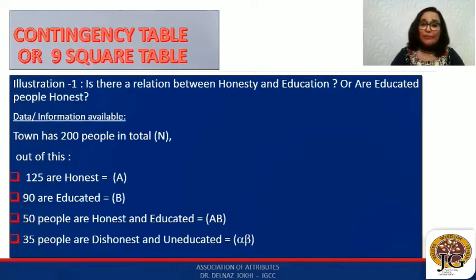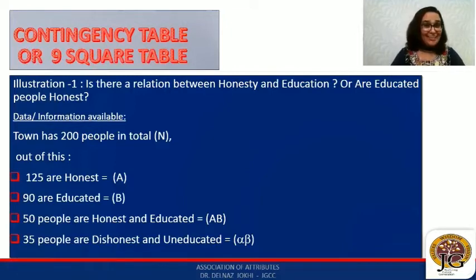N. How many people in a particular town? 200 people. All right. Out of these 200 people, how many are honest? 125 people are honest. Do you remember what name we gave to honest? A. Very good. Why is there a bracket? Because we're talking about frequency. That is why a bracket is there. What is the frequency of educated people? Please read 90. 90 are educated, and educated we named B. Very good. 50 people are honest and educated.